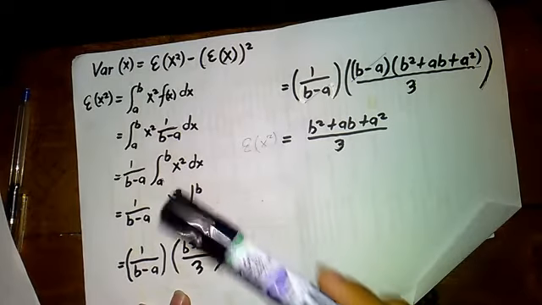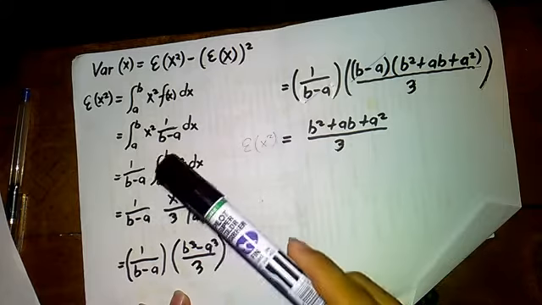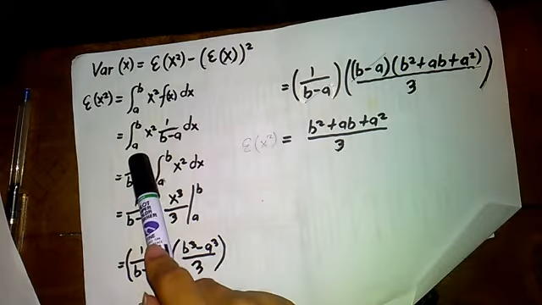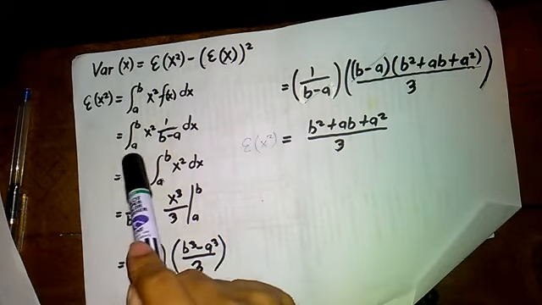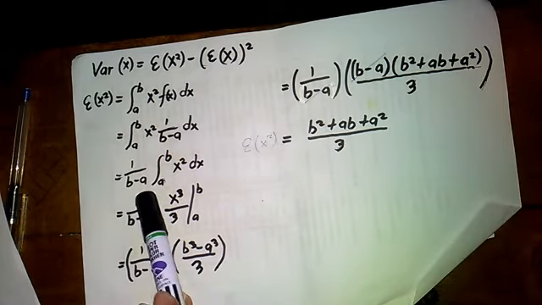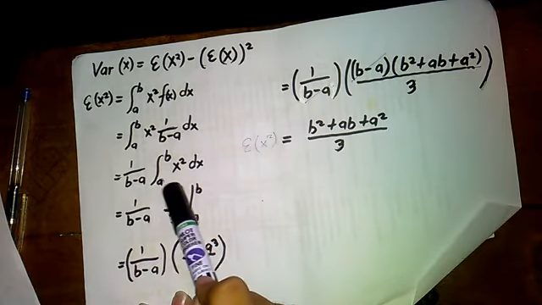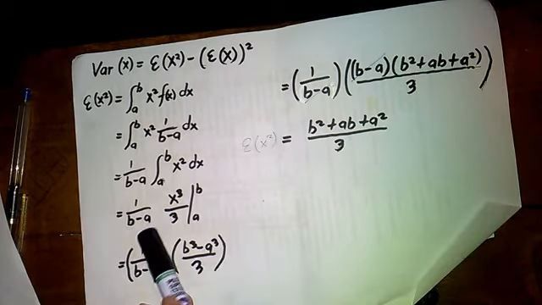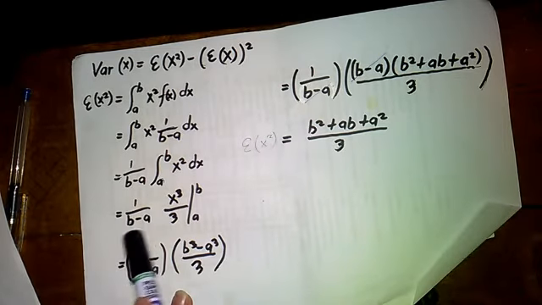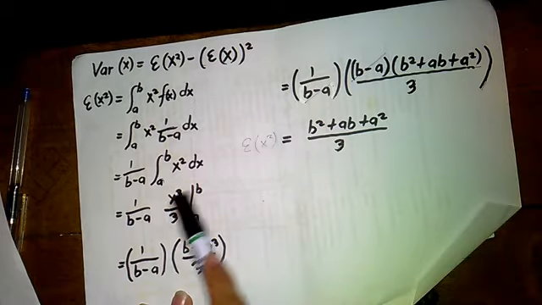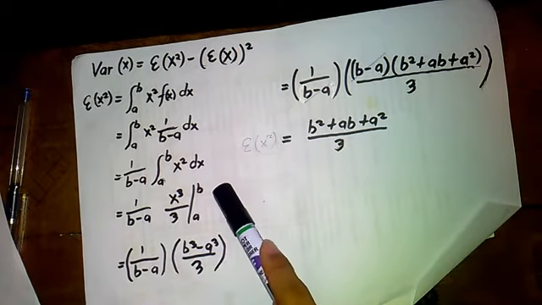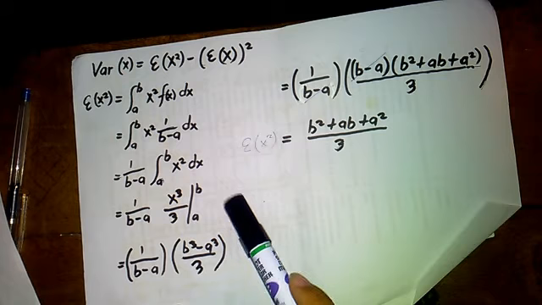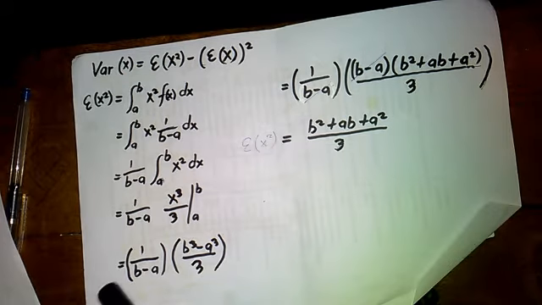Like for our expected value of x, we simplify it, and we have 1 over b minus a times the integral of x squared dx evaluated from a to b, and 1 over b minus a times x cubed over 3 evaluated from a to b.